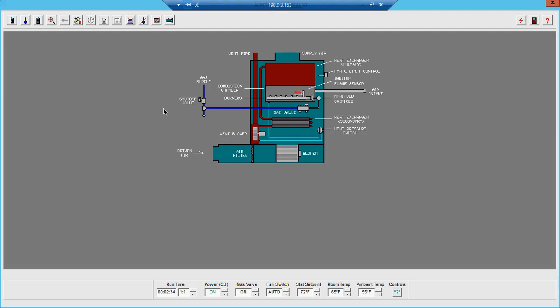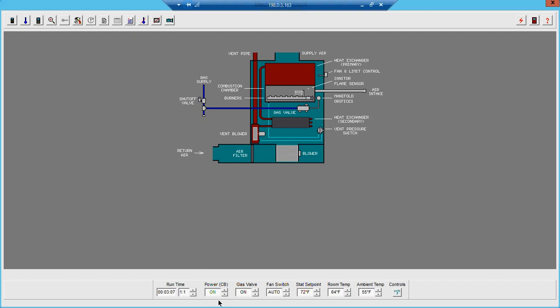Okay, hot surface igniter is glowing red, which is good. The gas valve is opening and firing, but we're immediately shutting off.